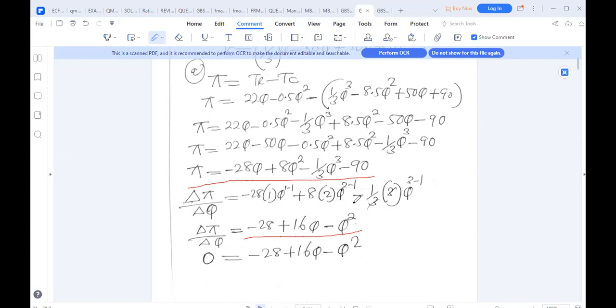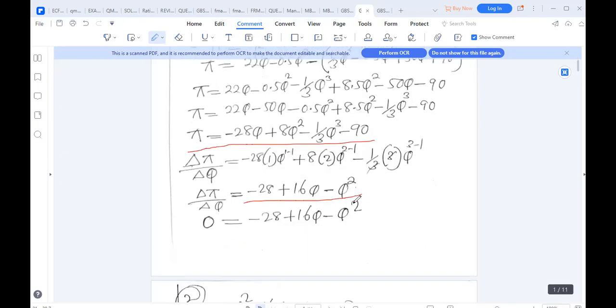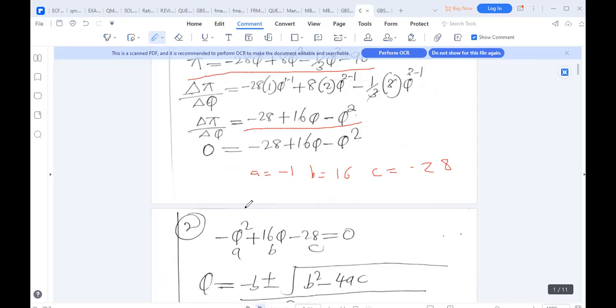So using our quadratic equation, we identify our a. What is our a here? -1. Our b, positive 16. Our c, negative what? 28. Then you fuse this in the quadratic equation.